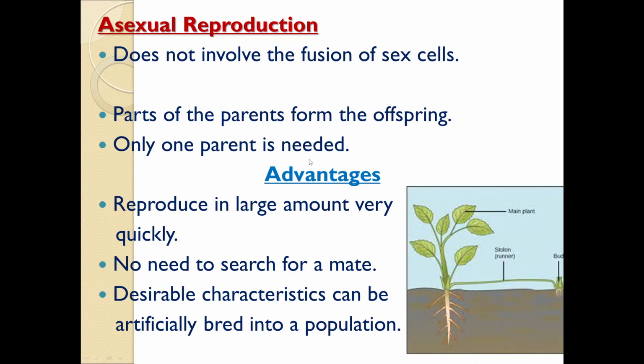So that plant is an example of a plant that reproduces asexually. That means only one parent is needed. The cane sucker is formed from part of the parent. That's what the pointers are talking about when they say part of the parent forms the offspring.